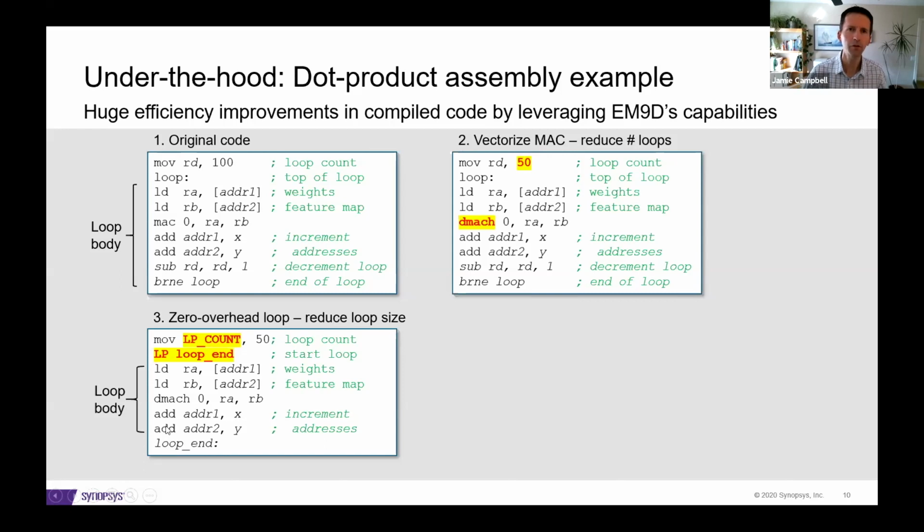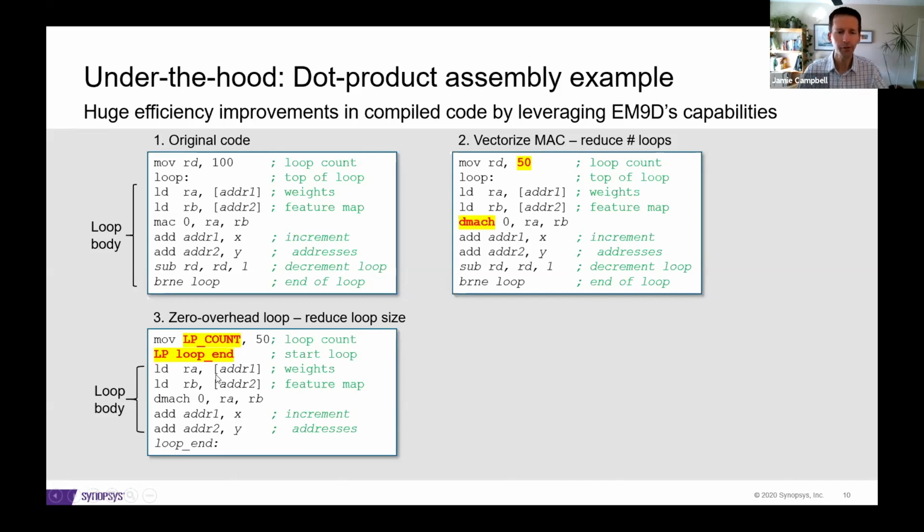Then as we execute the loop, once that end instruction is reached, it will automatically decrement the loop count. And if it's non-zero, the hardware will automatically change the program counter back to the top of the loop. As you can see, that's allowed us to remove 2 instructions from our loop body. So already our loop is getting shorter. We have less work to do.